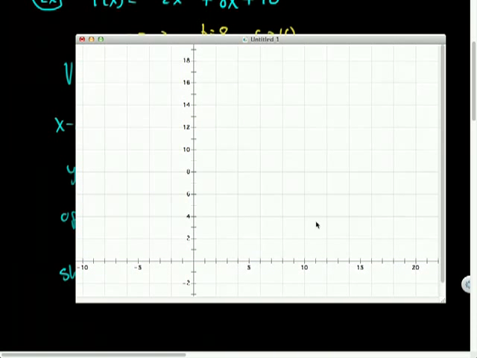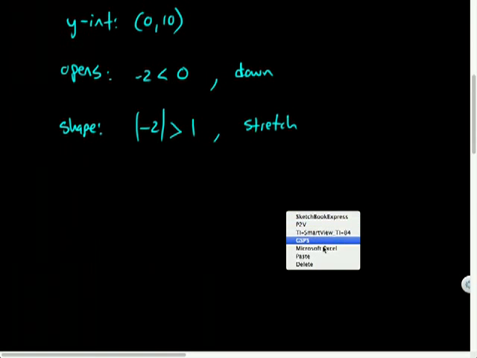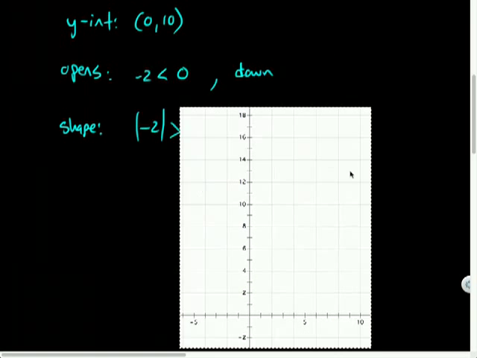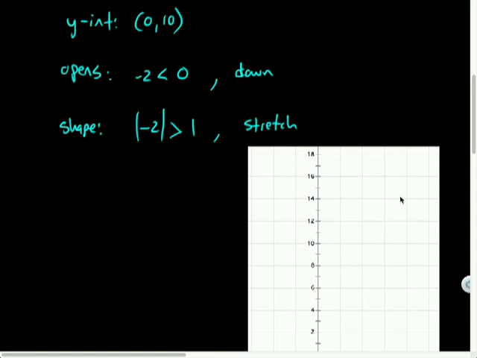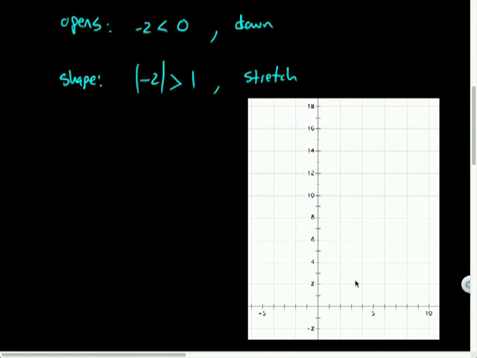I'll have my scale be something like that for my graph. Let's plot what information I do know. The vertex is at 2, 18, so over 2, up 18. It's opening down, and my y-intercept is at 10.